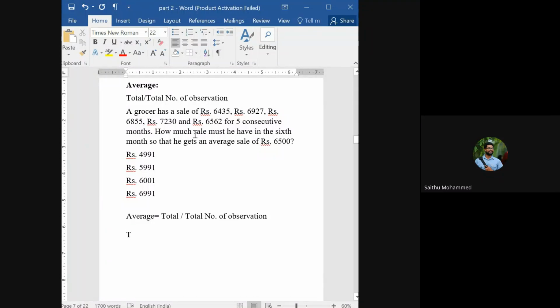So here, there are 5 months of sales, so we can add up the total sale for 5 months: 6,435 plus 6,927 plus 6,855 plus 6,230 plus 6,562.